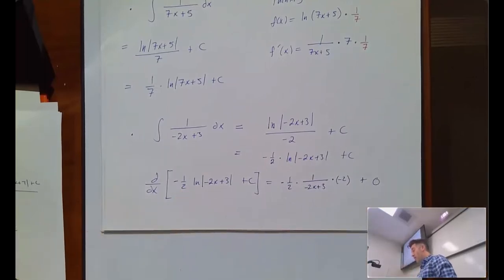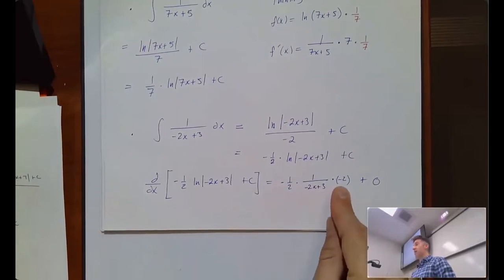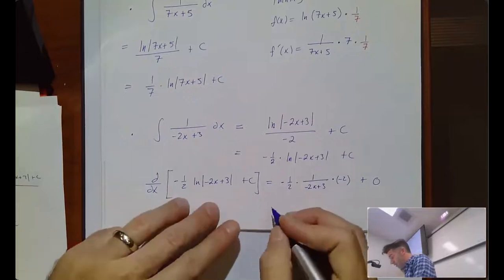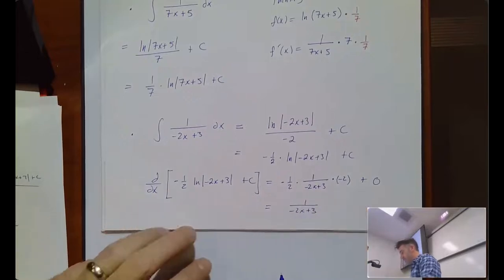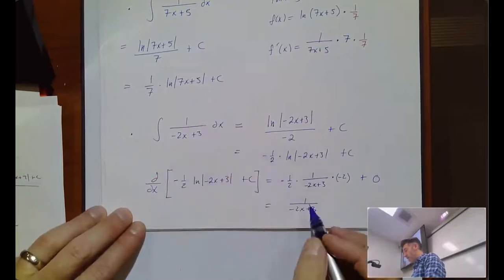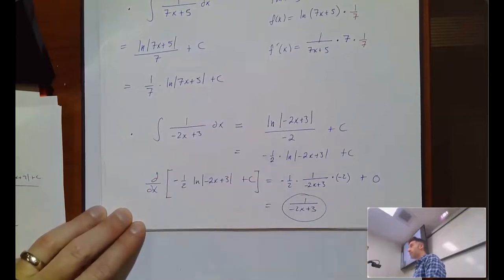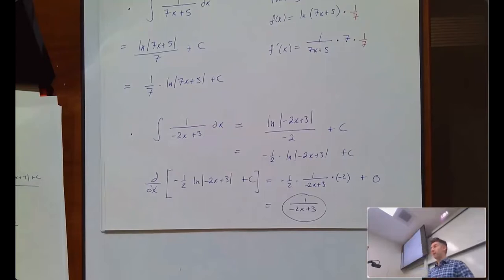And look, the -1/2 times the -2 multiplies to +1, and you're just left with 1 over -2x plus 3, as we should have. So that's why we're always dividing by that multiple of x there, because it's going to get canceled out if we were to go back and take the derivative.